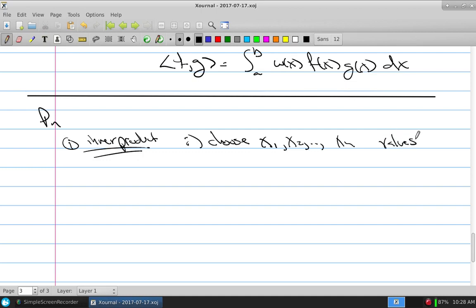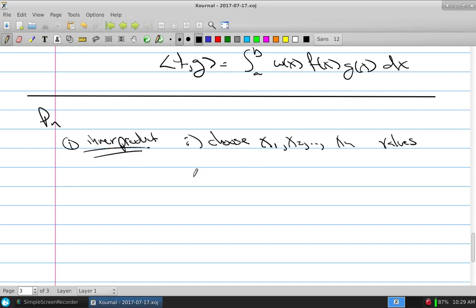So I can go from negative infinity to infinity, but just pick n of them. Well, how many do I need? I need the exact same number as the number of terms for the polynomial. Why? Because this is necessary to have those three properties hold. So all we do is just randomly pick, if I have P5, so a 5-term polynomial, pick 5 points.